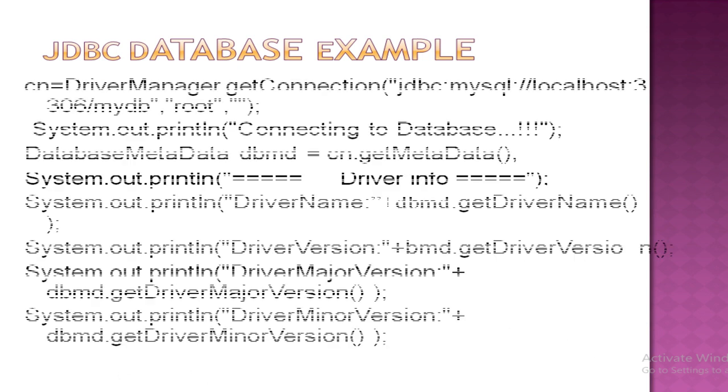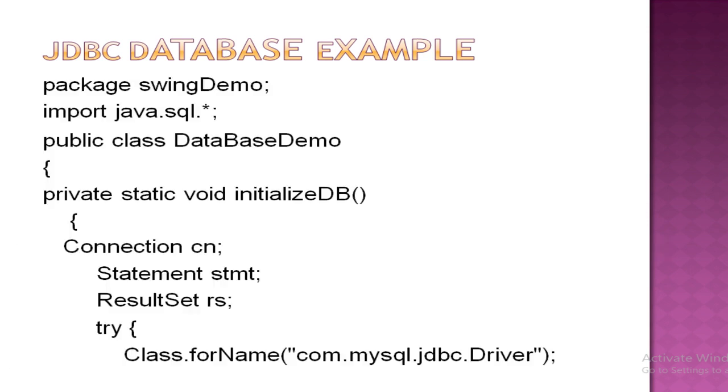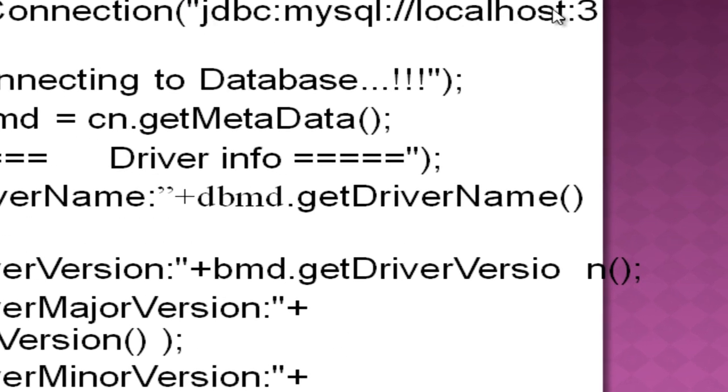Then next, cn equal to... here we have created one object cn for the connection. So cn equal to DriverManager.getConnection. We have already seen that 3 parameters must be passed: first the URL, second the name, and third the password.